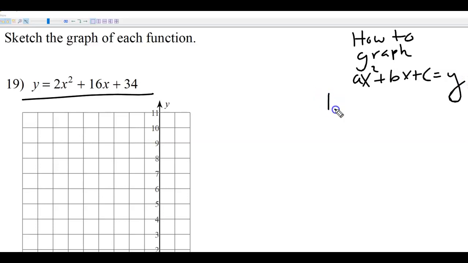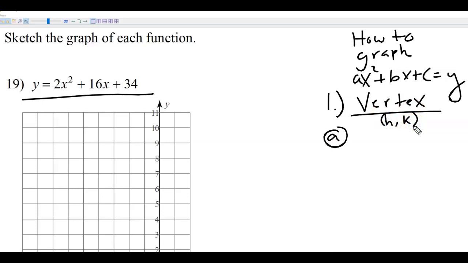Okay, so step 1 is really what we want to do is we want to find our vertex. Now to do that, there's a 2-step process. The first thing is you want to find the h and the k, right? That's our goal. That's what I'll call the vertex h comma k. Find your h. The h value is negative b over 2a.